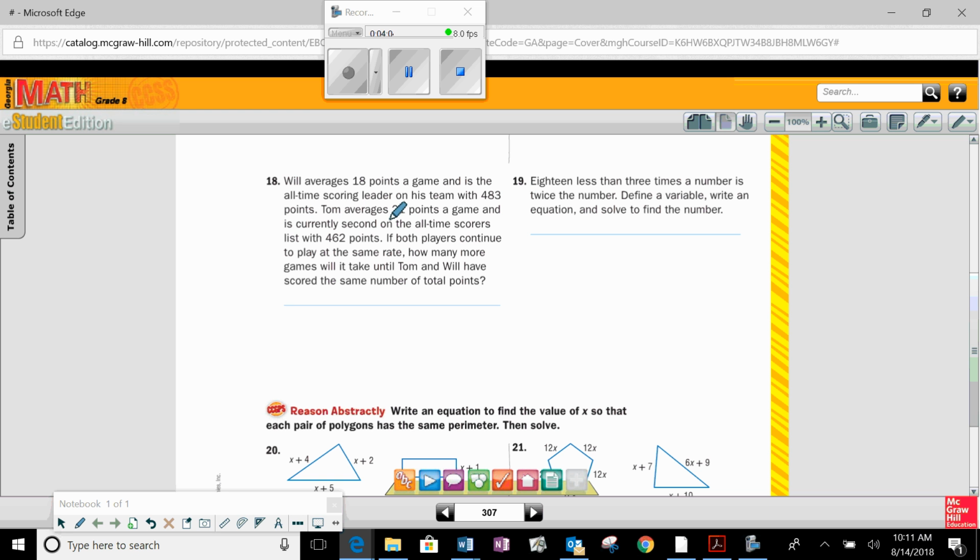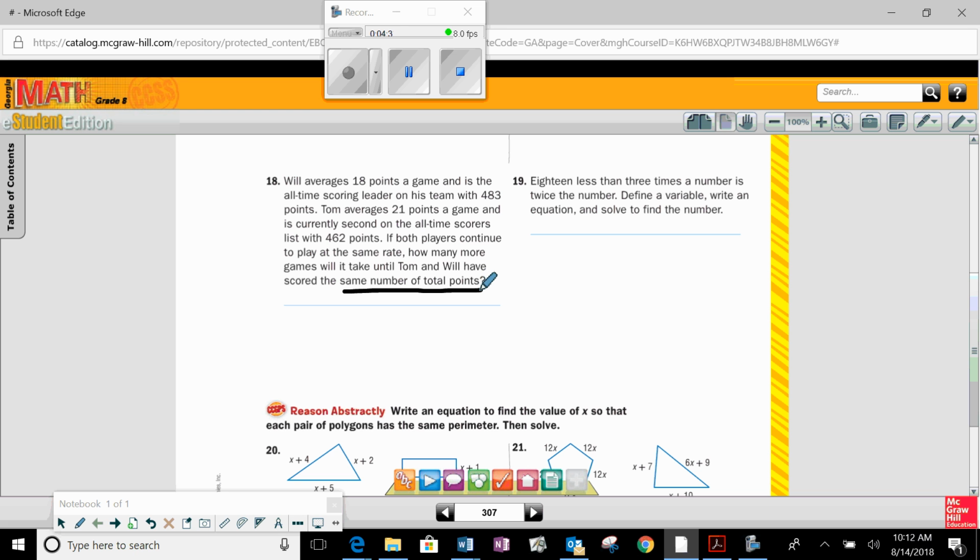Tom averages 21 points a game and is currently second on the all-star scorer list with 462 points. If both players continue to play at the same rate, how many more games will it take until Tom and Will have scored the same number of total points?